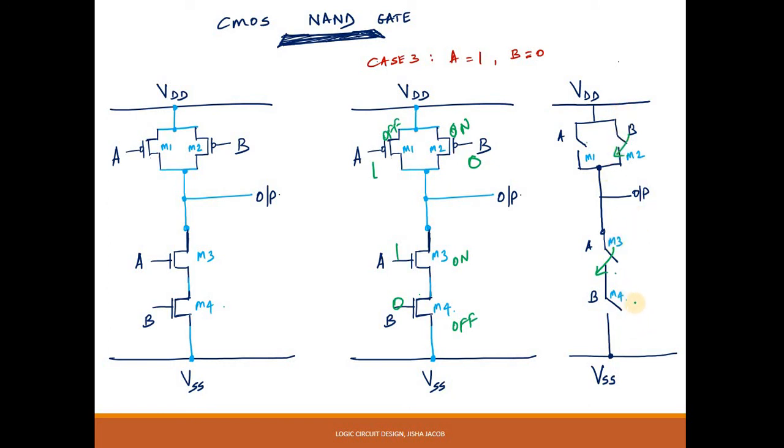For the pull-down network, once again, the connection is broken because of the M4 open switch, but in the pull-up network, you see there is a path from output through M2 to VDD, so output is pulled up to logic 1. All three cases of 0, 0; 0, 1; and 1, 0 yield an output of logic 1. This actually conforms with our truth table.